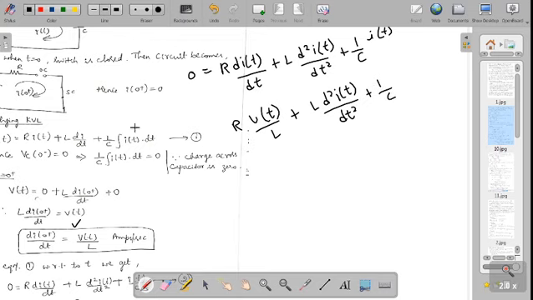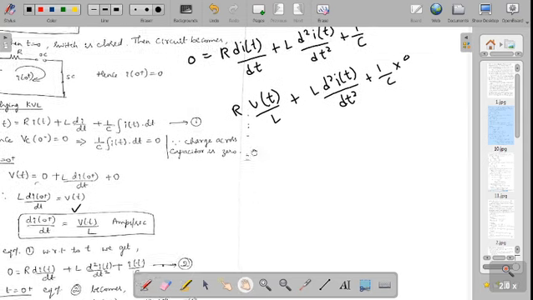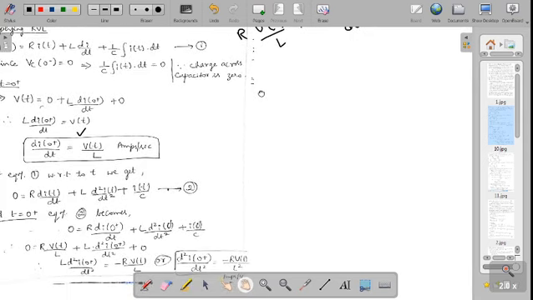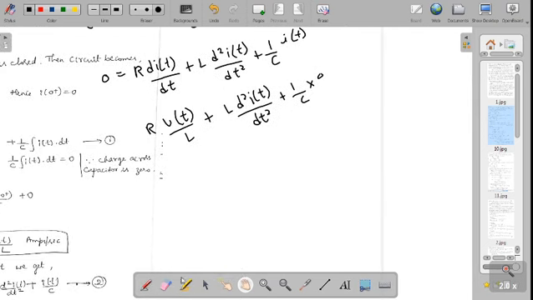What is the value of I of t? That would be 0. So this is the equation.